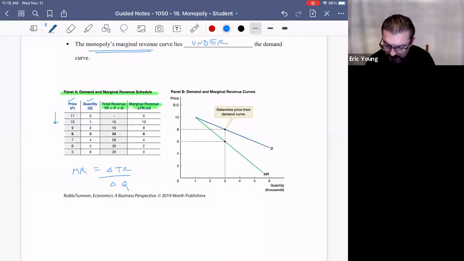And if you notice, when you compare the demand and the marginal revenue curves, the marginal revenue meets the demand at the first point, and for every point after, demand will be downward sloping and marginal revenue will be downward sloping and under it. It's just simple math. It's the nature of being a price maker: downward sloping demand curve, marginal revenue underneath it.